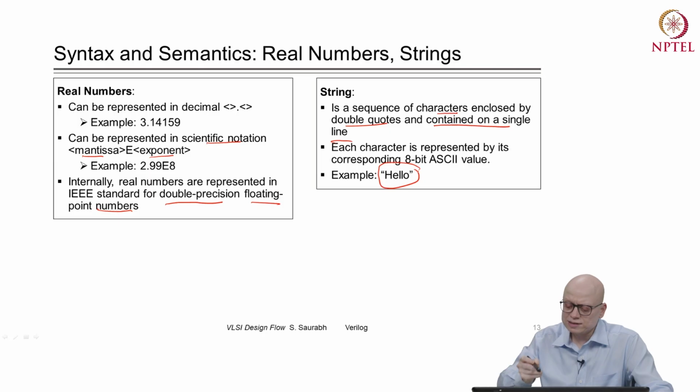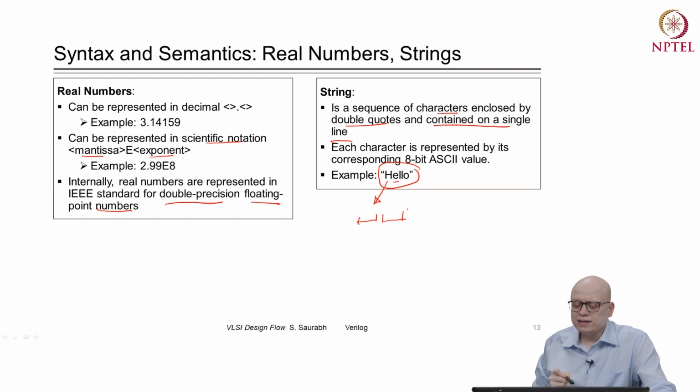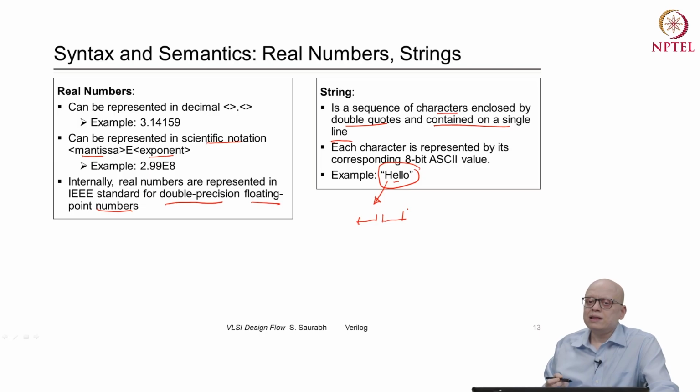For example, the string hello will be represented internally with capital H represented by the ASCII equivalent of H in 8 bits, then similarly the ASCII equivalent of small e, and so on. So, internally the string will be represented by the ASCII representations of each of the characters in that string.